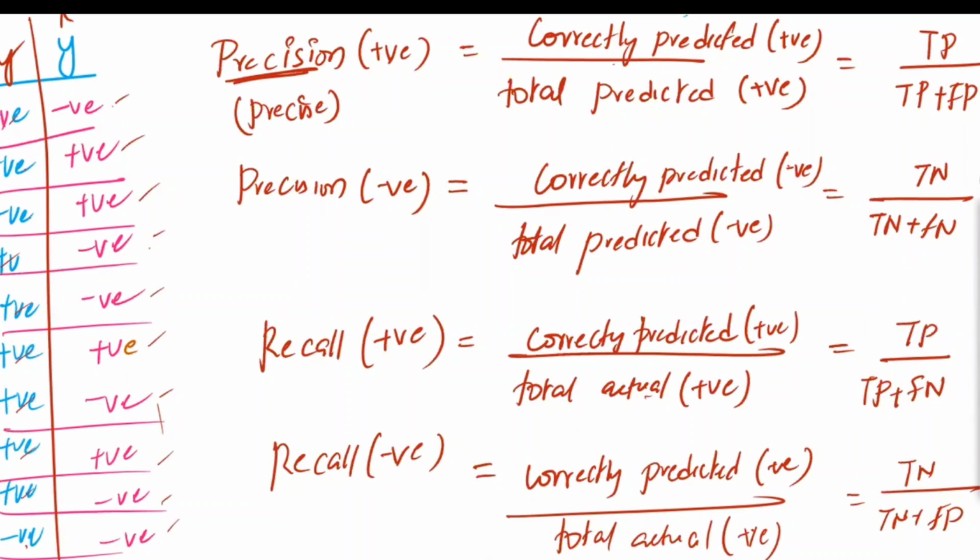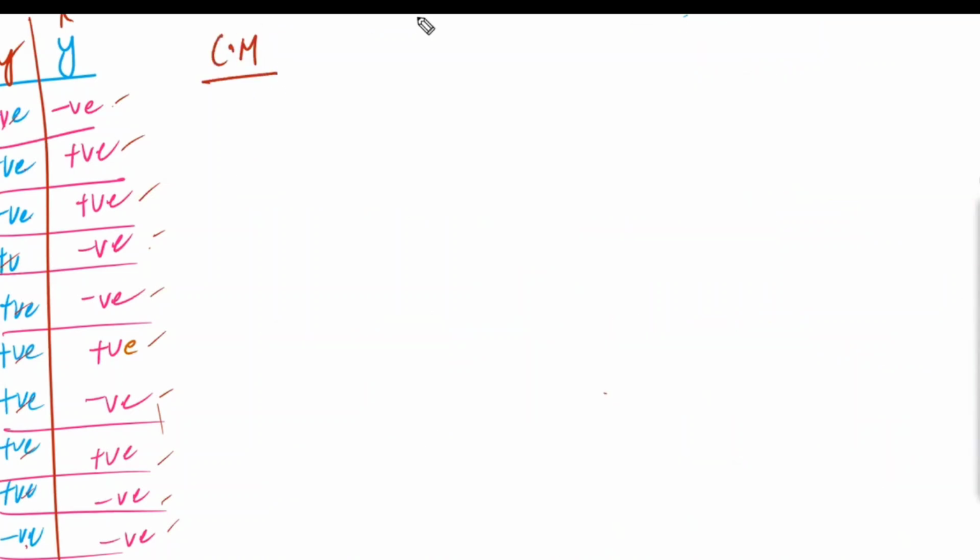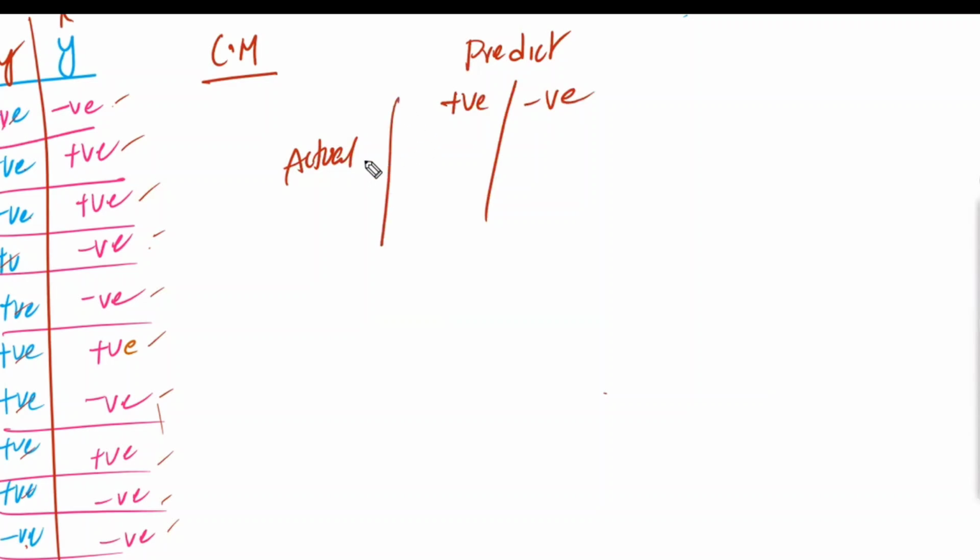Let us see the shortcut for remembering purposes. Draw the confusion matrix first. In the confusion matrix, this side is predict and this side actual I am considering. Positive, negative on this side, positive, negative on the other side. This is called TP, this is called FN, this is called FP, and this is called TN. Everyone has written the earlier example, right?